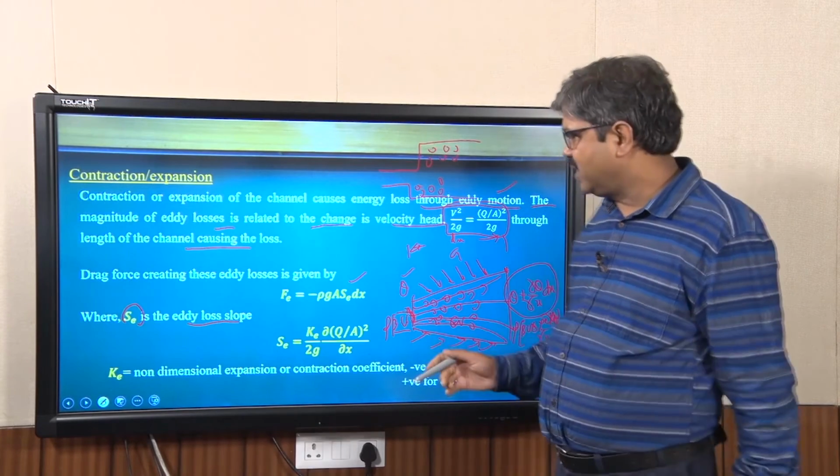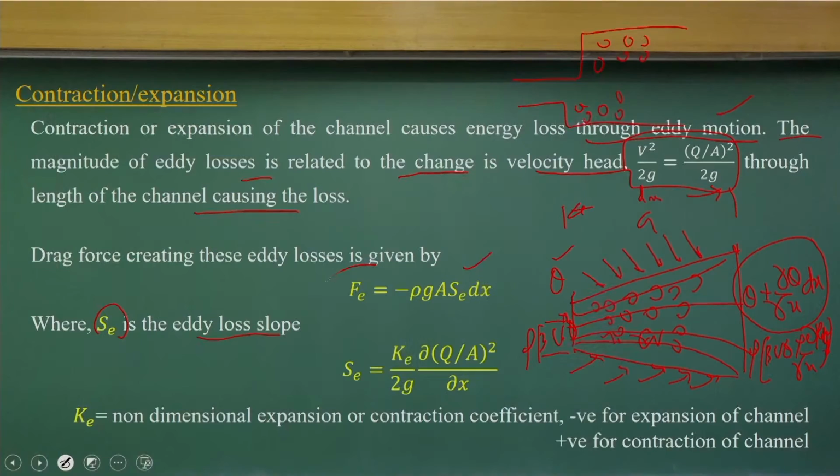So as an equivalent concept, the force because of this eddy generates energy losses on these control volumes, and can be defined similarly to the friction slope concept.